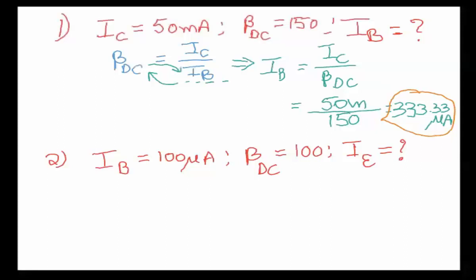Remember, the formula for emitter current is collector current plus the base current. But in this problem, the collector current wasn't given, so we find the collector current from the given information. The result you should get is 10.1 milliamps.